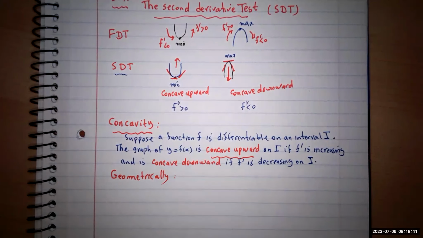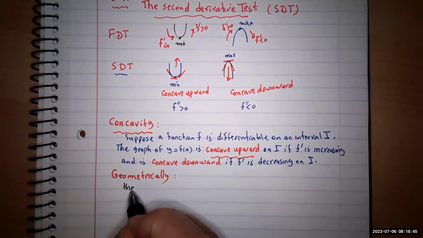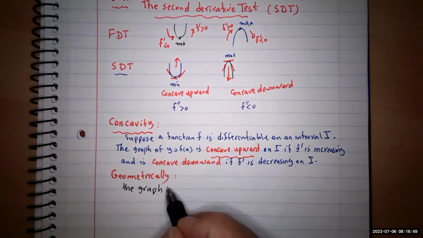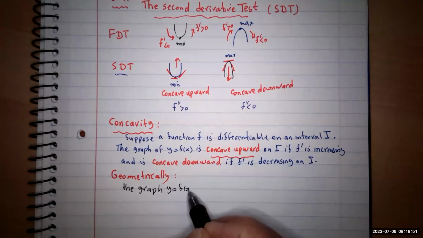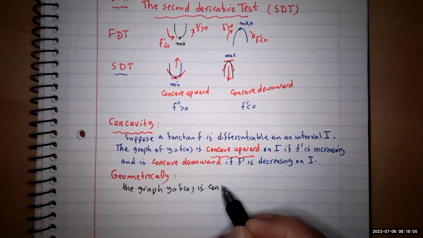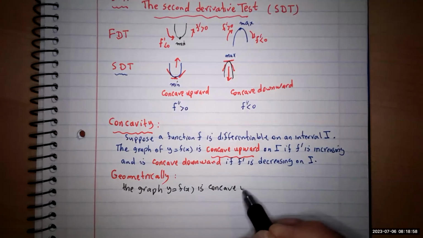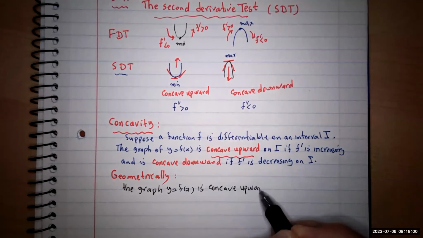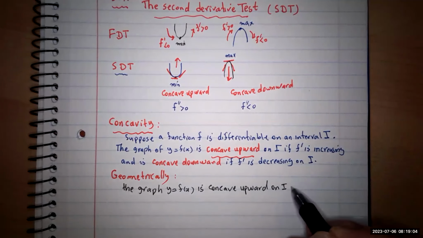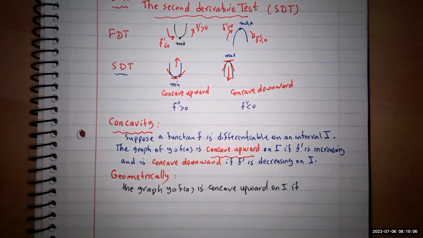We define it again. The graph y equal to f of x is concave upward on I if it lies above its tangent lines, curving up.